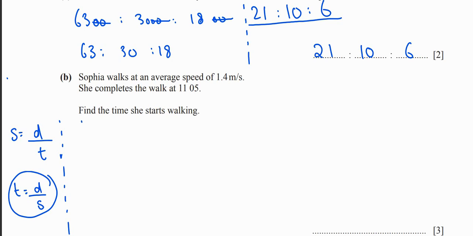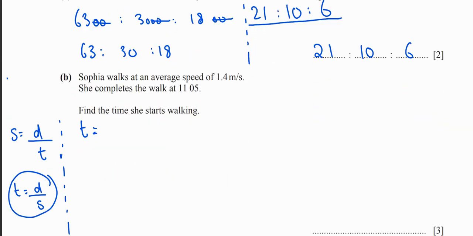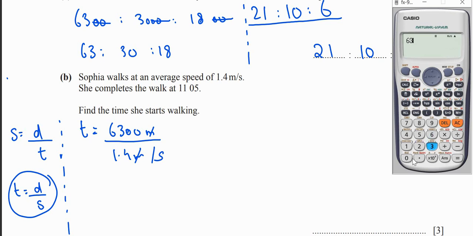So time is equal to distance upon speed. She walks 6,300 meters, and her speed is 1.4 meters per second. Meters cancelled out. So when I do 6,300 divided by 1.4, it gives me 4,500.